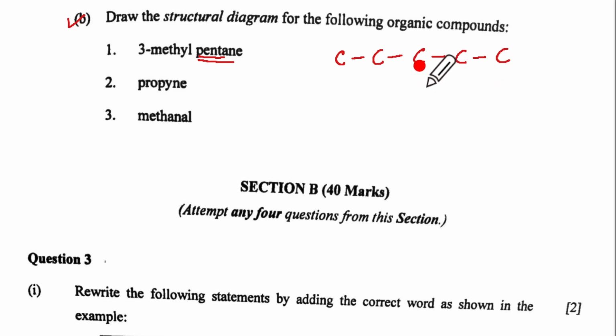And the third one will have the methyl group. CH3 single bond, that is the alkyl group, that is methyl group. Rest of the carbons will each show 4 valencies, and each one you will have to show.